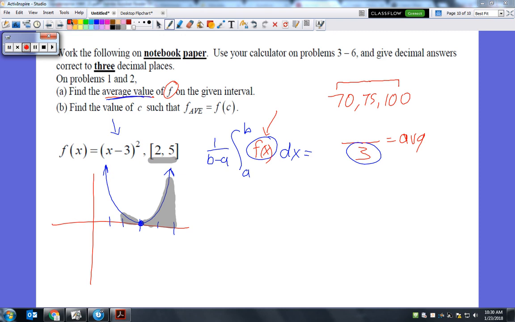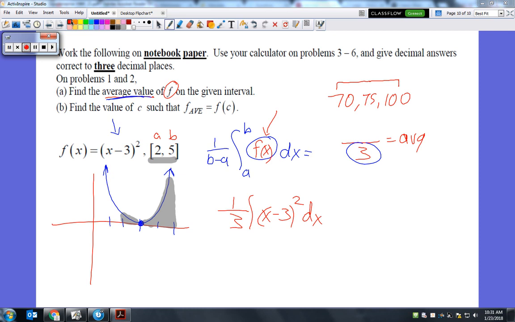From 2 to 5, this area underneath the curve, remember the way I showed you with Riemann sums rectangles? Let's solve this out by hand. So x minus 3 squared dx, 1 over b minus a. So it's a jump of 3 from 2 to 5.